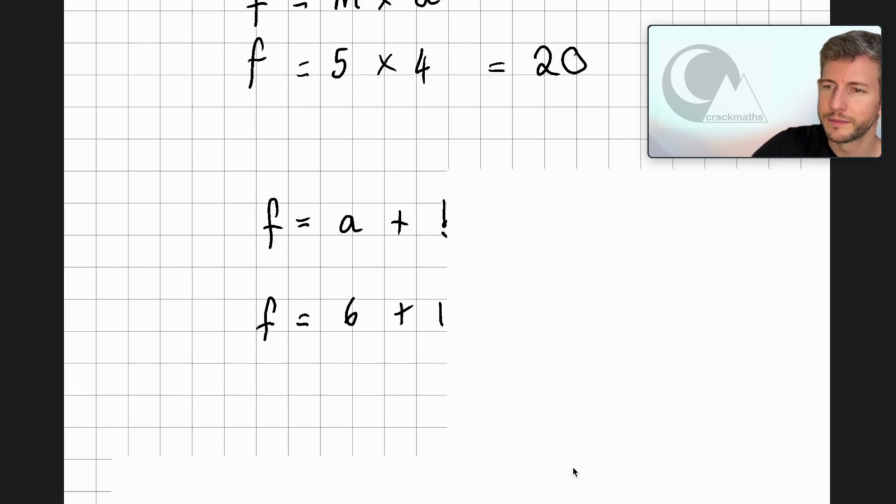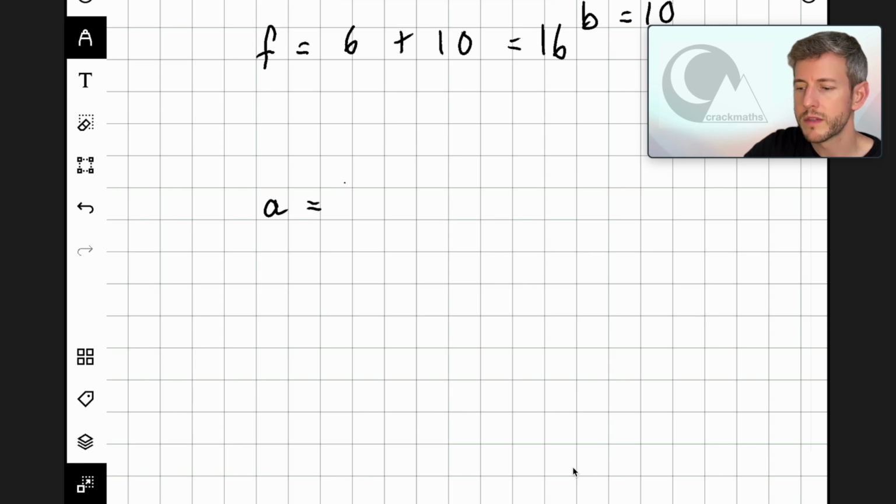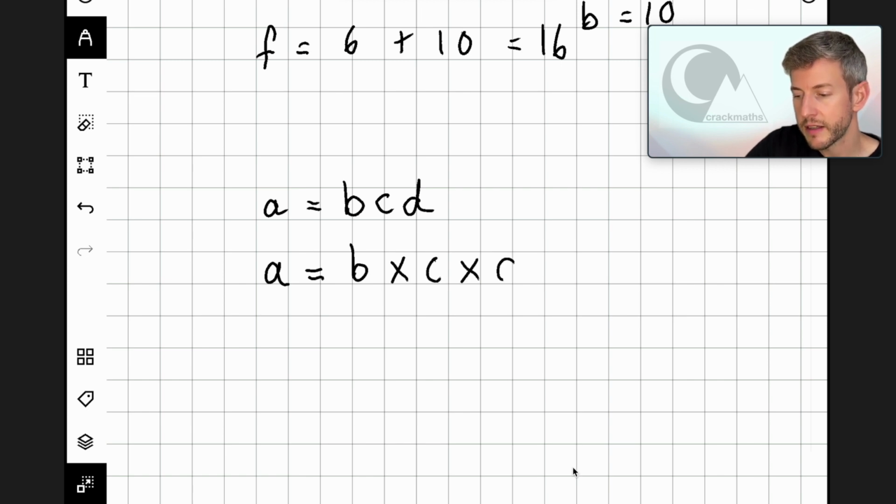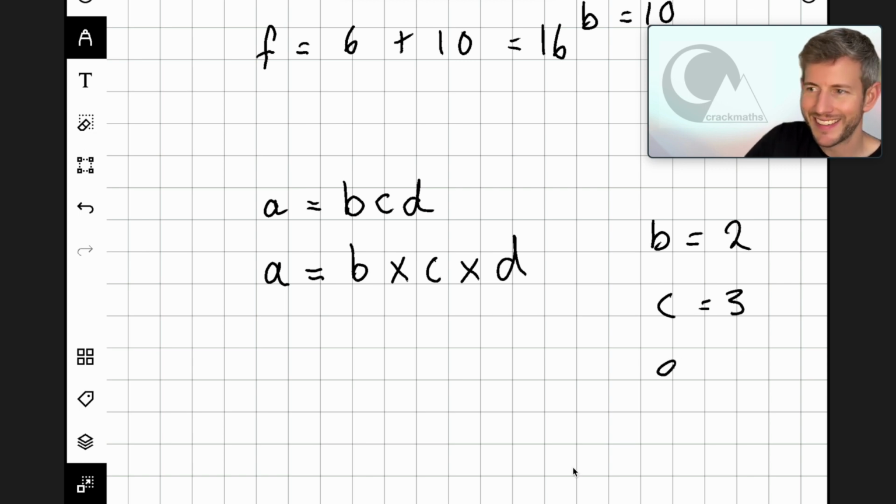Let's try another formula. A equals BCD. So now we've got letters written next to each other, which means that this formula is really A equals B times C times D. So this means when we get the values of B, C and D, we're going to have to times them together. Let's say B equals 2, C equals 3 and D equals 10.